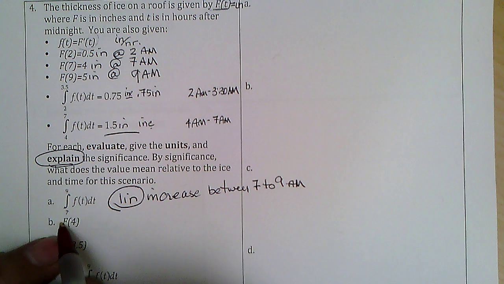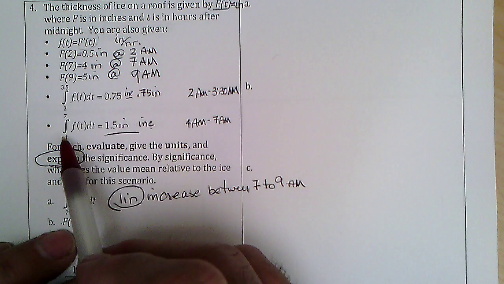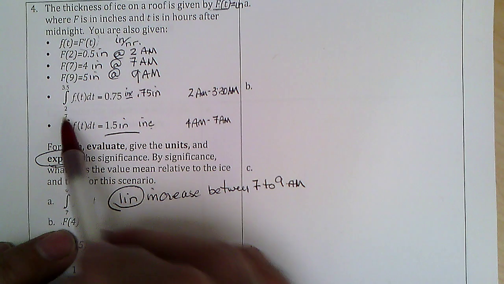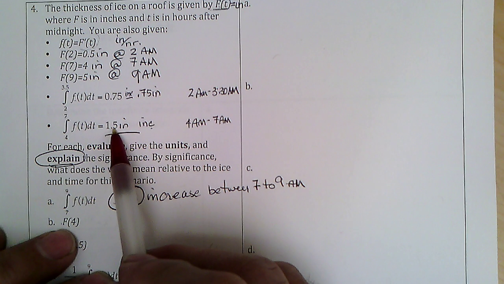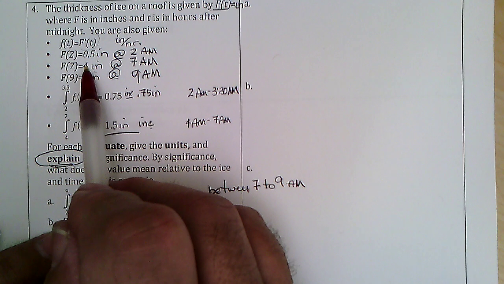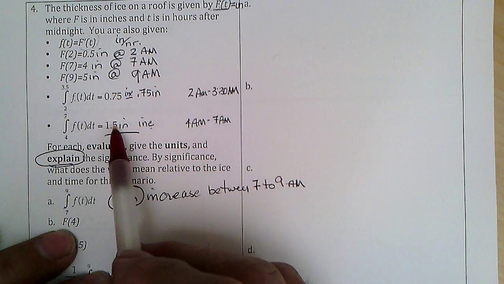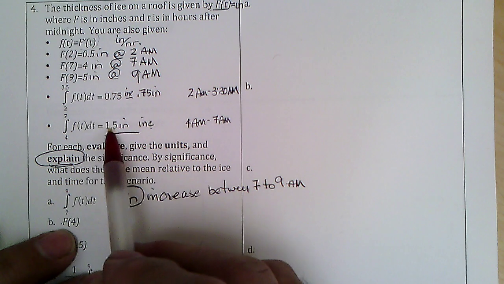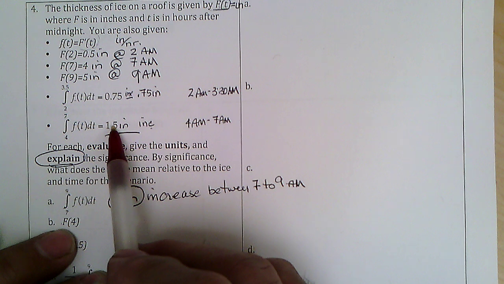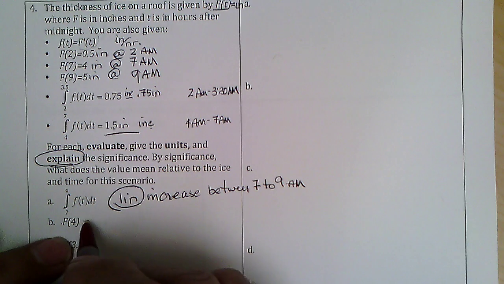Wants to know how much ice at 4 a.m. Well, let's see. From 4 to 7, it went up by 1.5 inches. At 7, it was 4 inches. So if it was 4 inches after going up 1.5 inches, it must have been 2.5 inches.